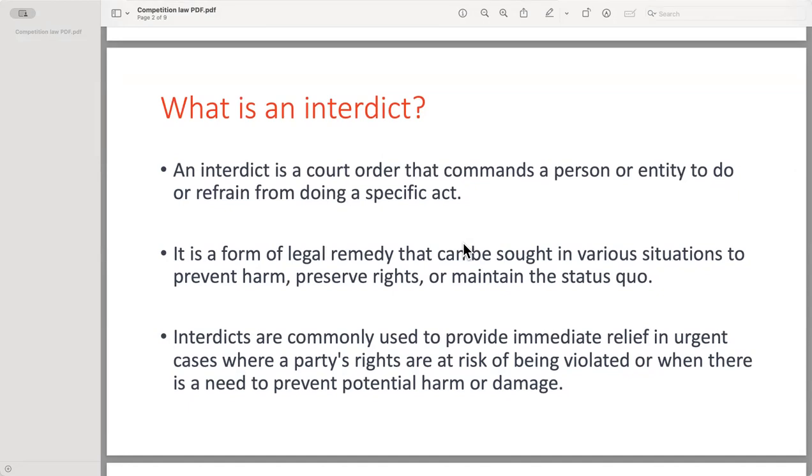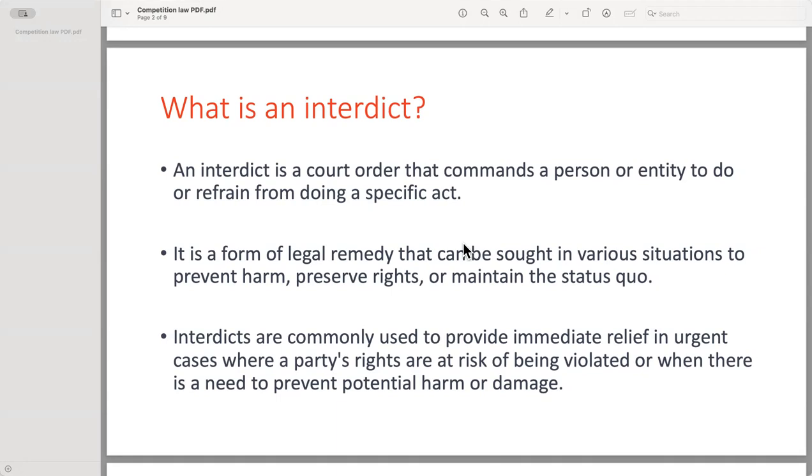An interdict is a court order that commands a person or an entity to do something or to refrain from doing something. Let's say, for example, you have a neighbor who likes to party a lot, they play loud music and so on, and you're trying to stop them from doing that.